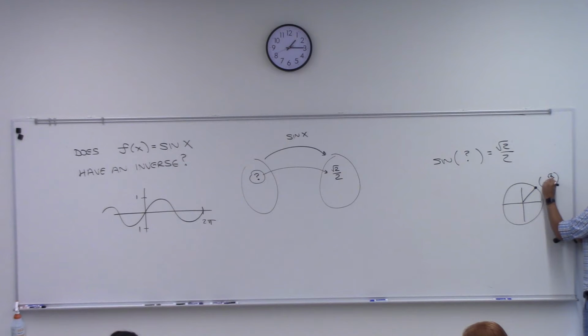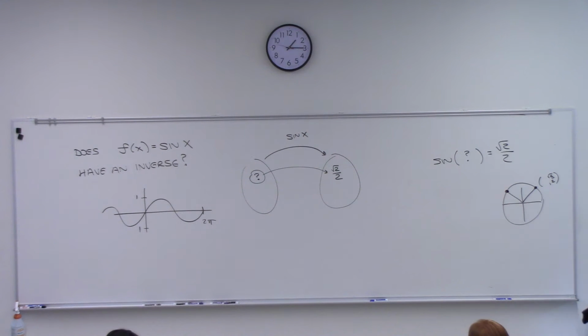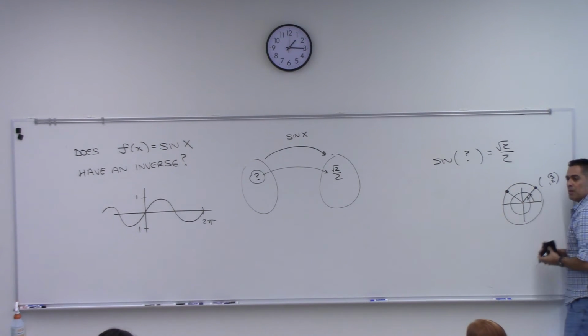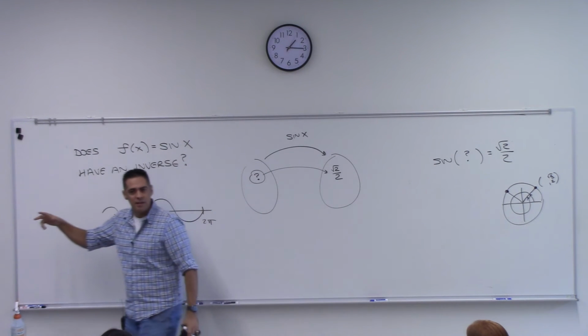Root 2 over 2. But is it the only answer? No. You could have said that angle as well, right? But aren't there an infinite number of solutions to this? We talk about that. Like you could go to pi over 4, or you could go all the way back around, couldn't you? Or twice. So remember on the test you had answers like pi over 2 plus pi k or something like that, right?